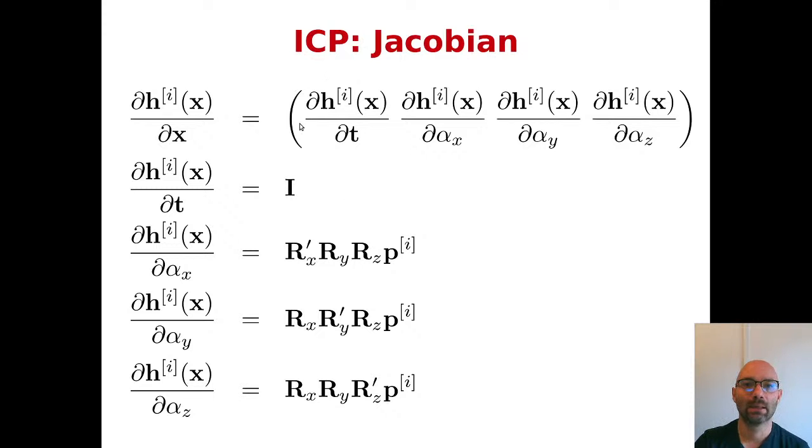It will have a 3 by 3 block here, which is the derivative of h with respect to the three components of t, which are tx, ty, and tz. And then we will have three columns: one is the derivative of h with respect to the first angle, one is the derivative with respect to the second angle, and one is the derivative with respect to the third angle.